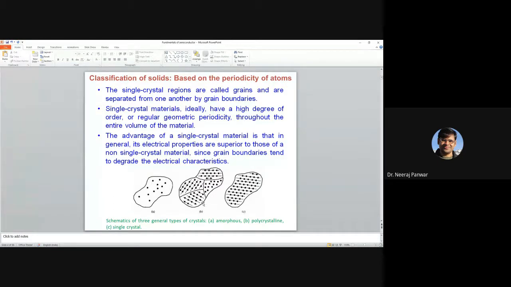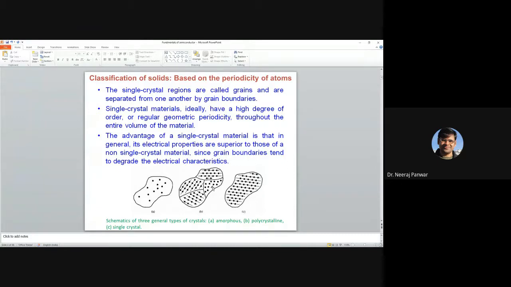Then we have the polycrystalline materials, in which we can see that there are regions with a periodic or regular arrangement of atoms. There are 4 regions in this polycrystalline material.